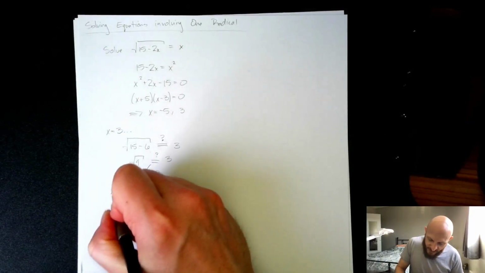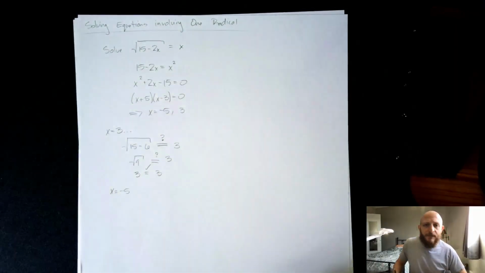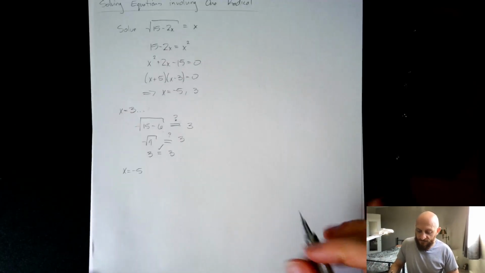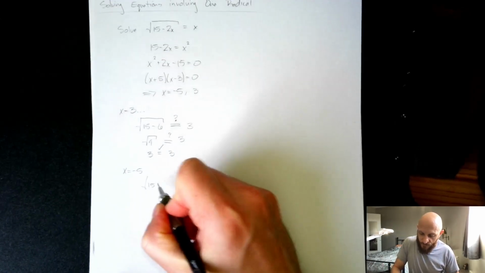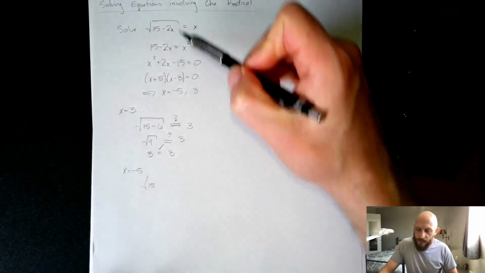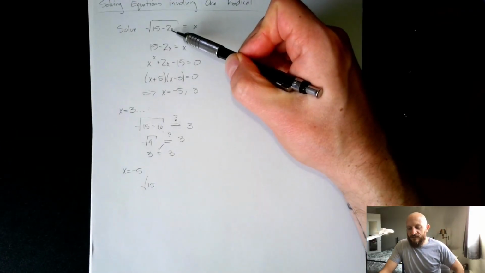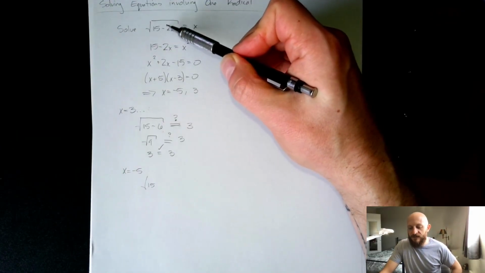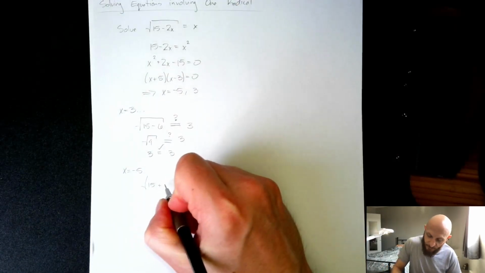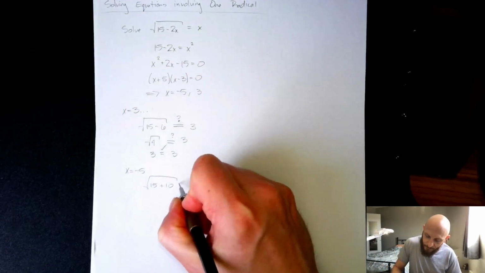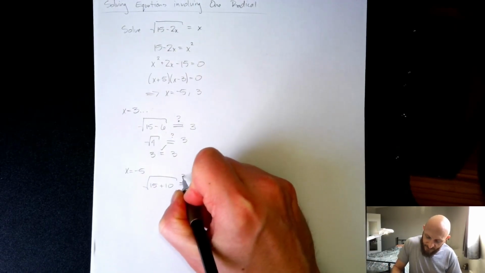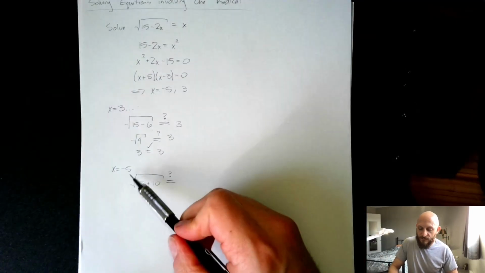Great. Now let's check x equals negative 5 and see what happens. If I plug negative 5 in, I'd have the square root of 15, 2 times negative 5 is negative 10, so 15 minus negative 10 becomes 15 plus 10. And we're checking, does that equal negative 5, since x is negative 5?